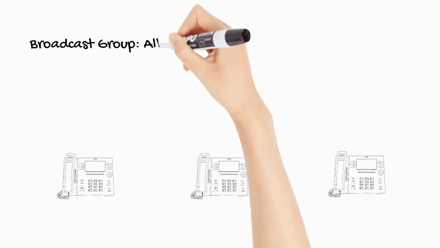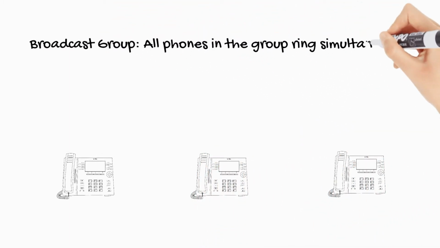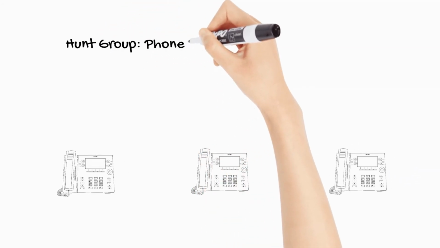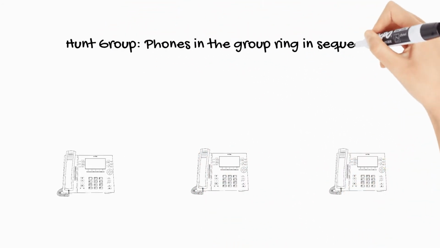A broadcast group rings all phones in the group simultaneously. A hunt group rings the included phones in sequence.